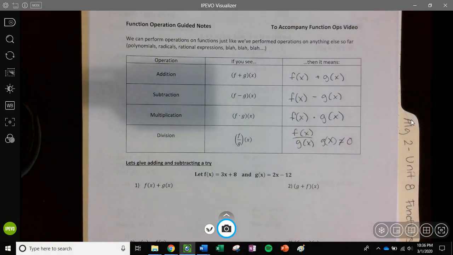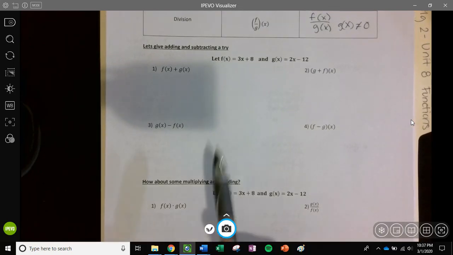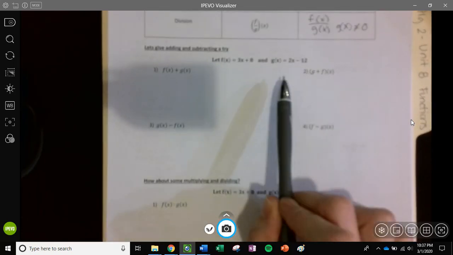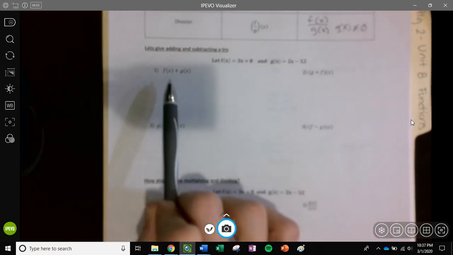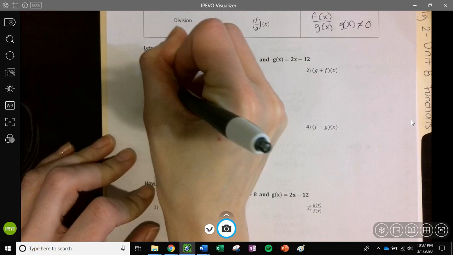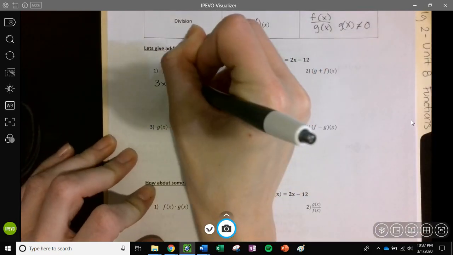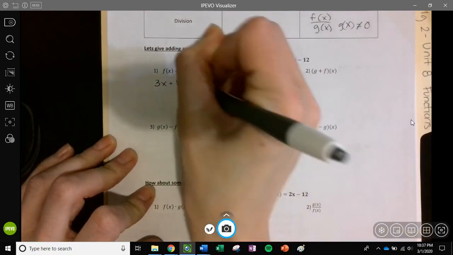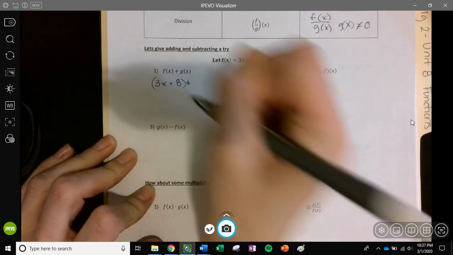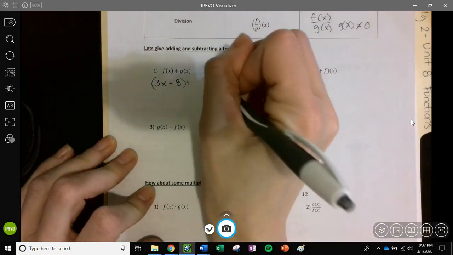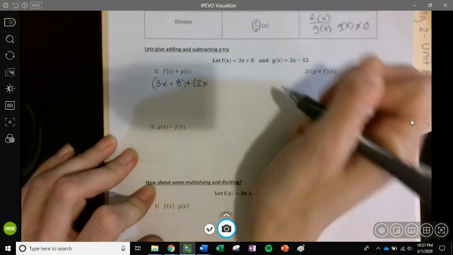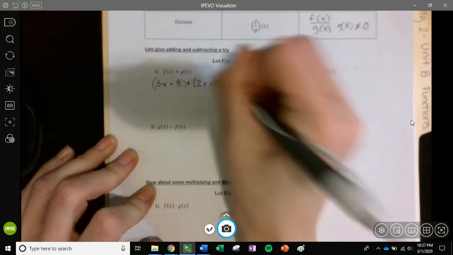Okay, so let's try a couple. Adding and subtracting. If f(x) = 3x + 8 and g(x) = 2x - 12, we are going to add those two together. It's just like adding and subtracting polynomials. 3x + 8 plus, because we could think of them in parentheses, 2x - 12.